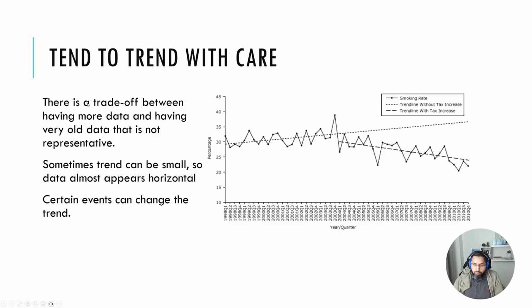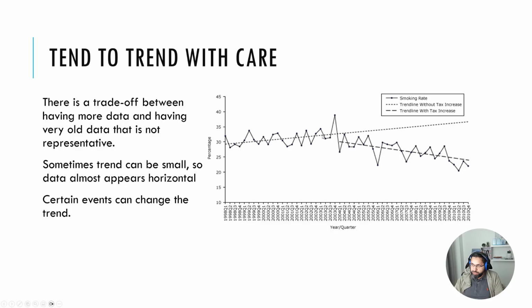Now we have to be careful when there is a trend, especially if we have long-term data like this data, which is over about 10, 11 years. What happened was at some point in 2004, there was a tax increase on tobacco products or smoking products. And we could see that before that tax increase, there was an upward trend.